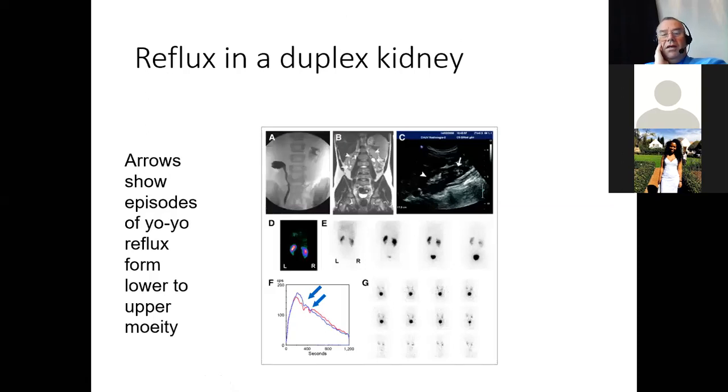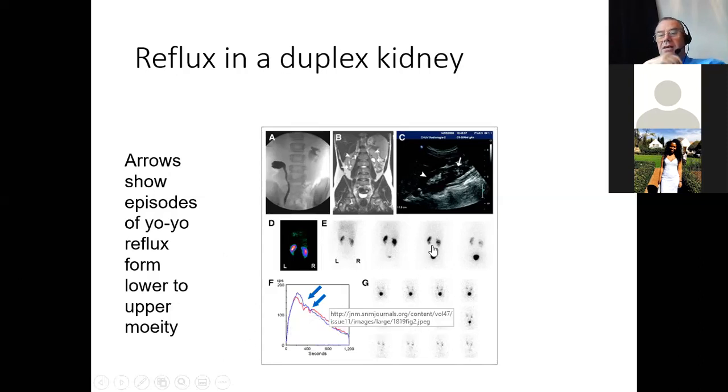Sometimes you can see reflux in a duplex system during a renogram. So we can see here, this is a patient who's got a bilateral reflux, and we're getting what we call yo-yo reflux between the upper and lower parts. And this can often be seen as these sort of saw shape changes in the renogram curve.